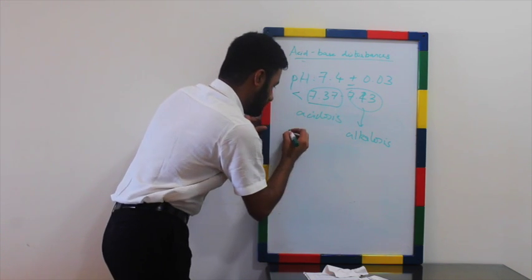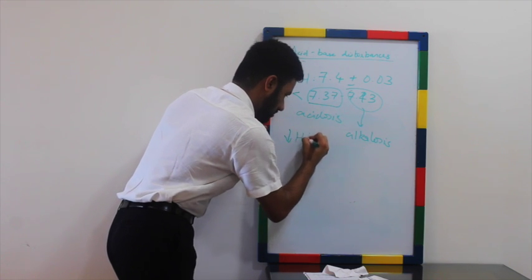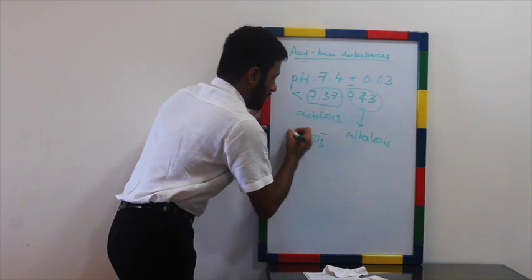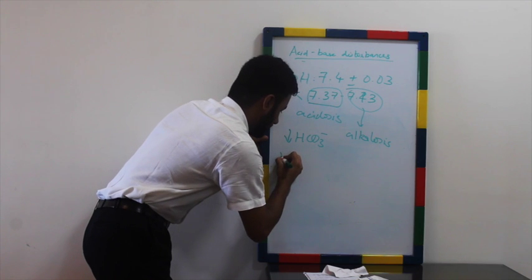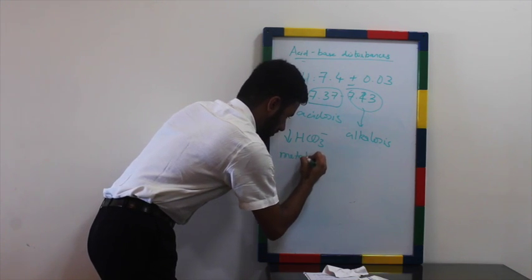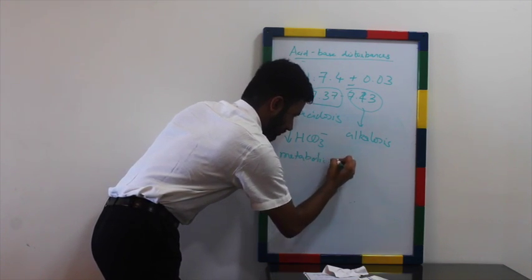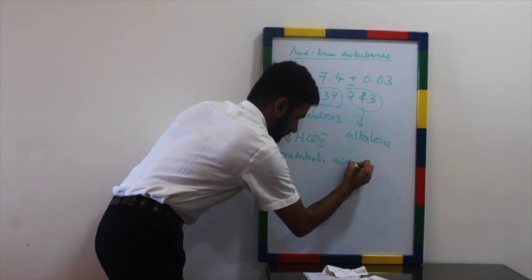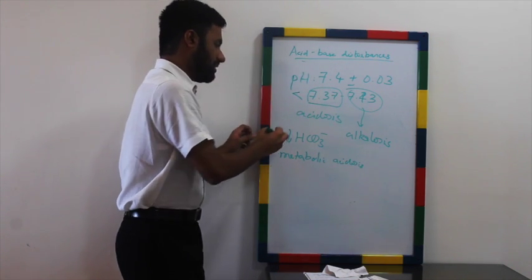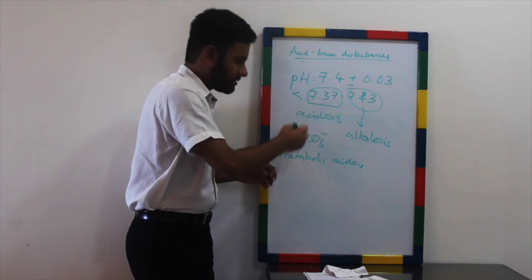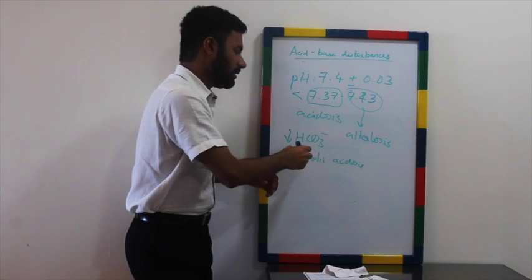If the primary change is a decrease in bicarbonate accompanied by a decreased pH, the term is metabolic acidosis. And if you have an increased bicarbonate with an increased pH, it's metabolic alkalosis.